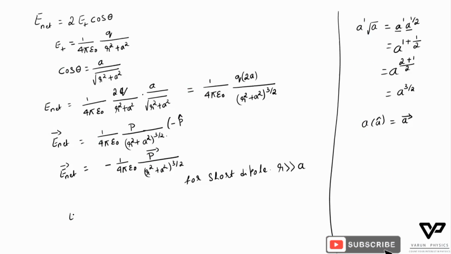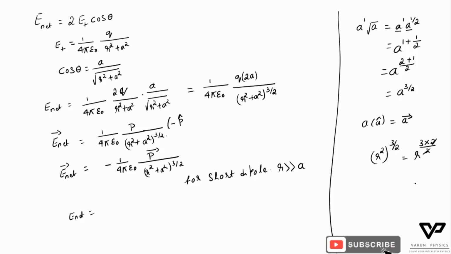Therefore, then E net is equal to, this will become 0, since A is neglected. Therefore, R square to the power of 3 by 2 can be written as R to the power of 3 into 2 divided by 2.